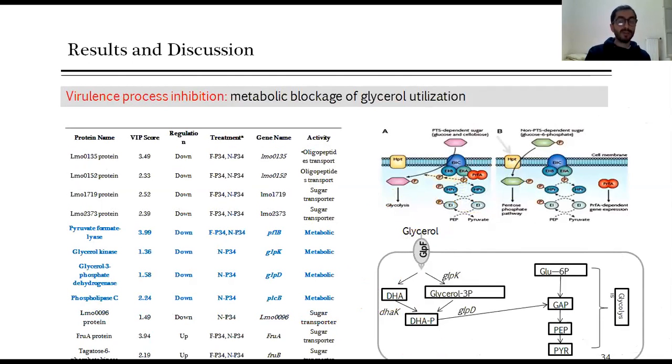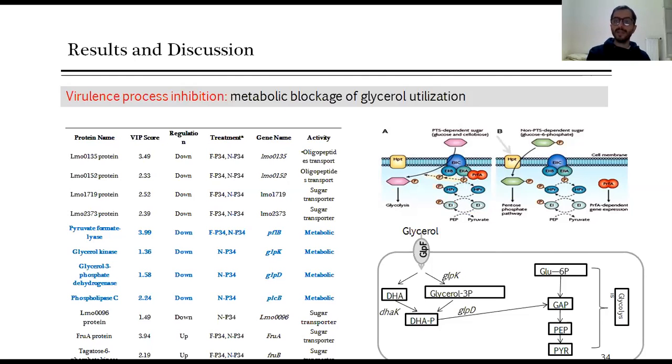The relation between the PTS system and virulence is shown in this image. When the PTS system is used for carbon source uptake, the PrfA key virulence factor is phosphorylated on subunit 8 of this membrane system.